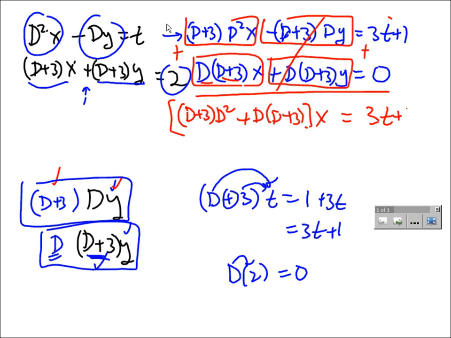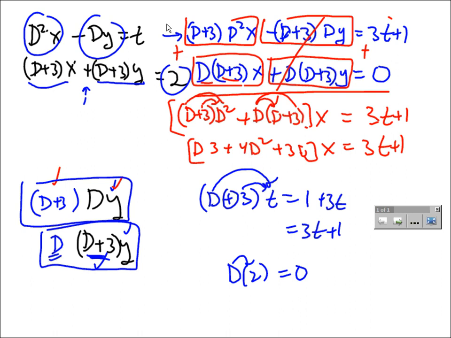I get 3t plus 1. I have d cubed plus 3d squared plus 3d squared plus another d squared. I'll have 4d squared plus 3d. This operates on x, and I get 3t plus 1.